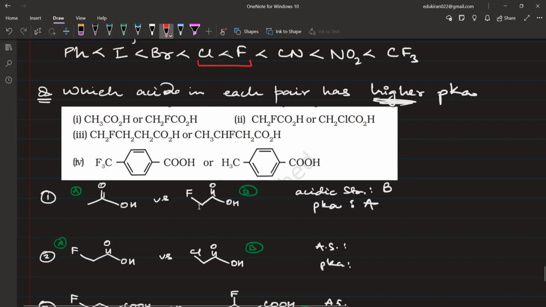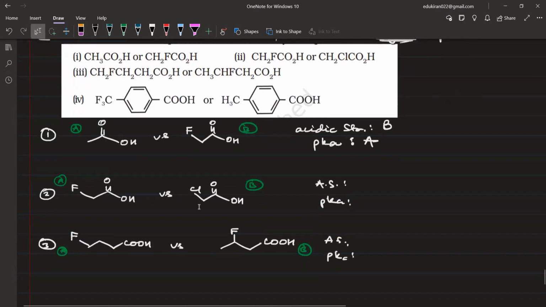Okay, so which will be more acidic? A. A will be more acidic. Yes. And pKa? B. अब इसमें बताइए, दोनों के दोनों फ्लोरीन है, राइट? Yes. बट दिस फ्लोरीन, द B फ्लोरीन इज नियरर टू द कार्बोक्सिलिक एसिड, तो ये ज्यादा इलेक्ट्रॉन विथड्रॉ कर सकता है, राइट? Yeah.